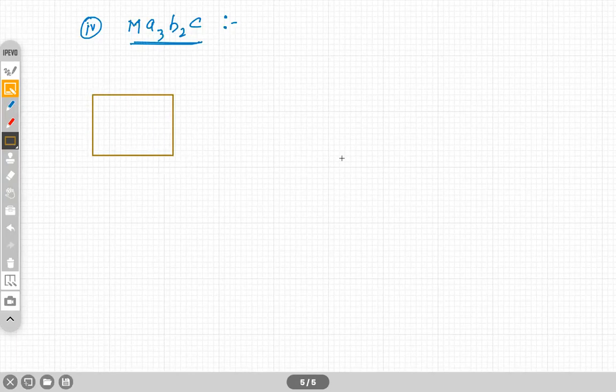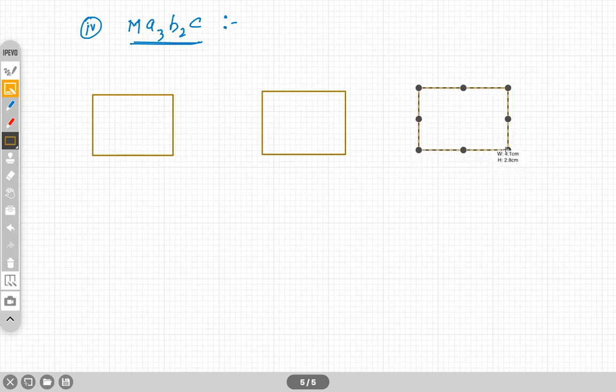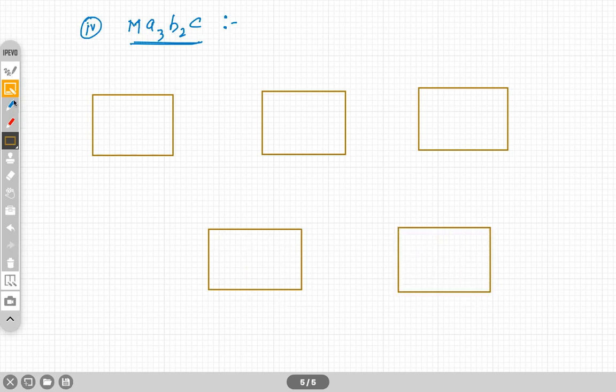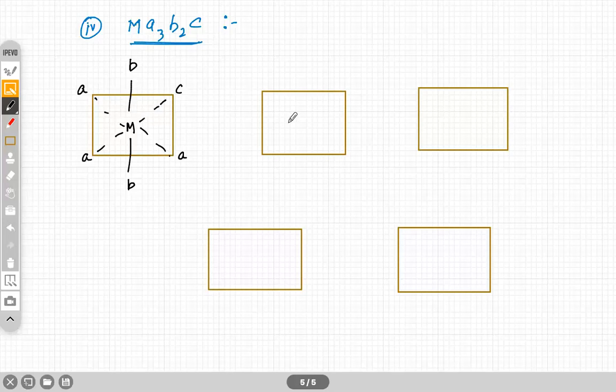the structures are 1, 2, 3A and 1C. So 1C, this is one structure. Another one is this.